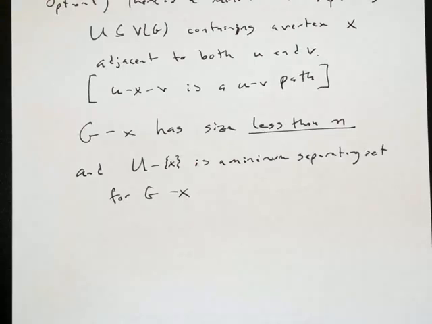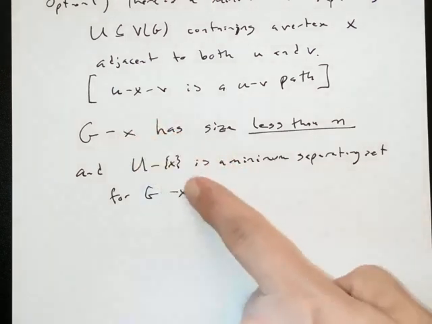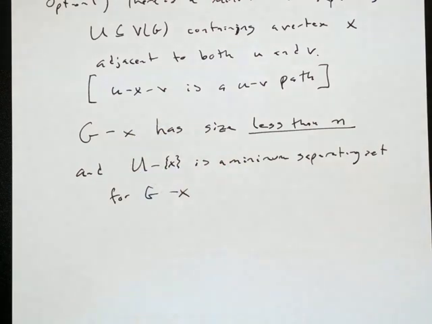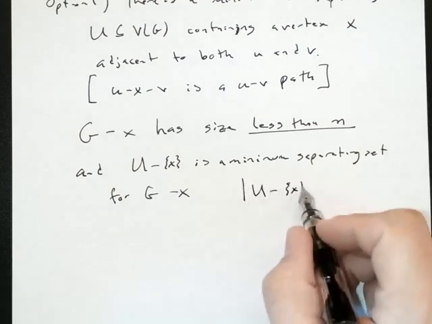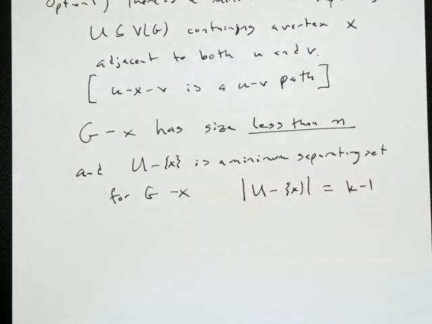If I chop out all of the vertices in U, then I separate U and V. But now I've taken away X, so there's one fewer thing to chop off. Wait a minute. That's a minimum separating set. What's its size? Size is K minus 1, because K was the size of our minimum separating set.